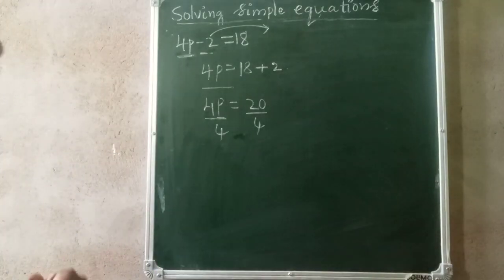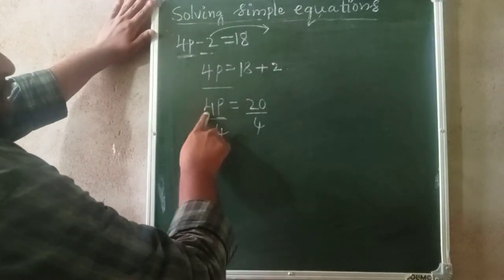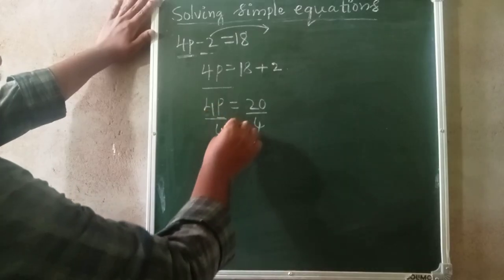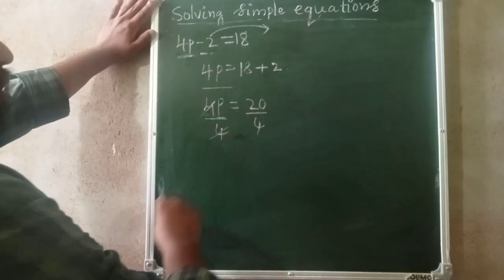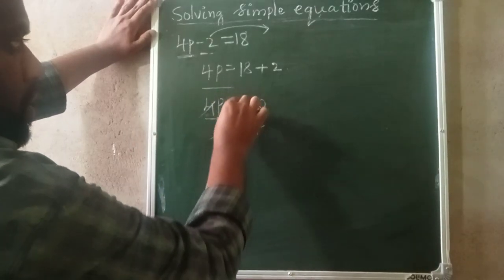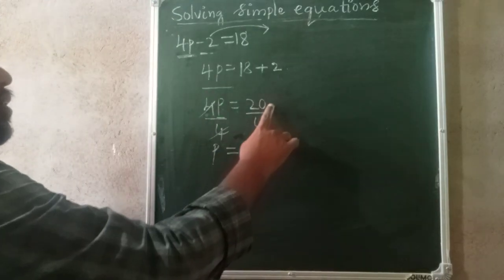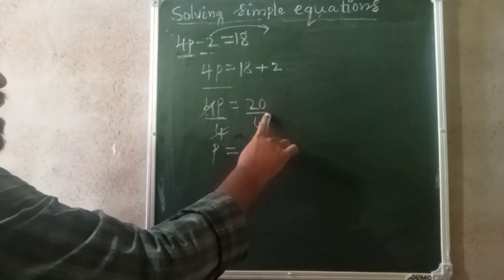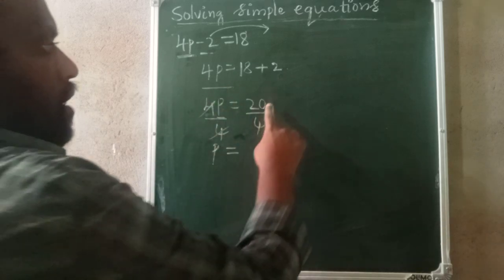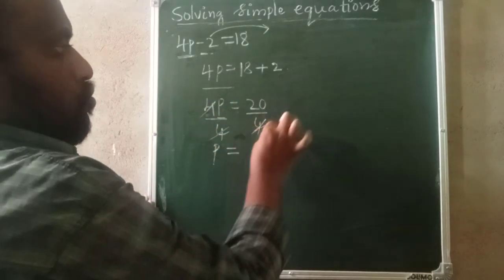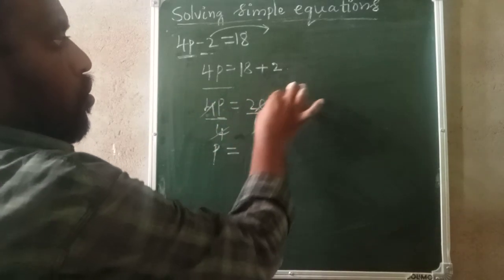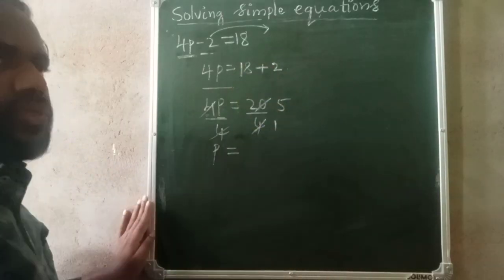So next step, between 4 and p there is a multiplication, so you can cancel 4 and 4. What is left? p is equal to 20 by 4. Divide 20 by 4: 4 ones are 4, 4 fives are 20.